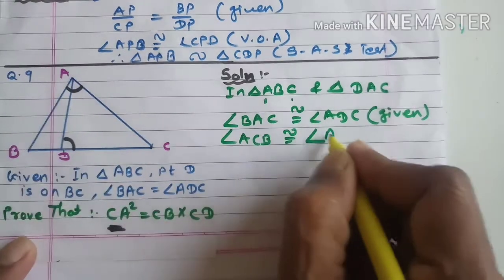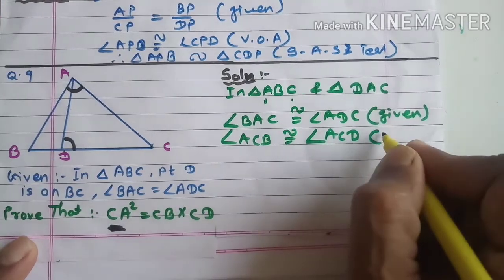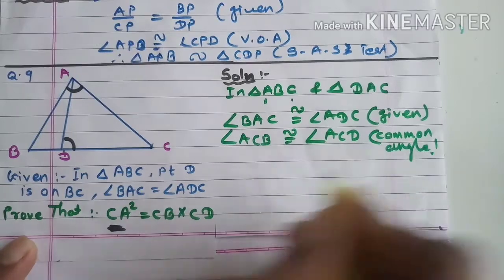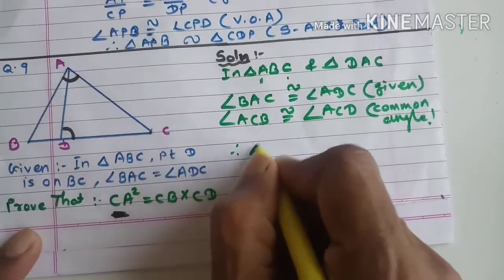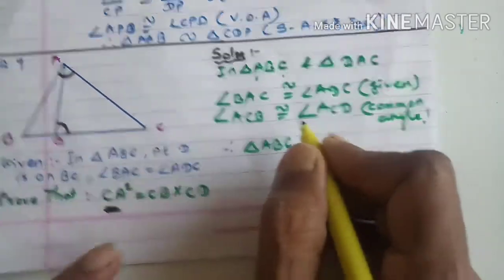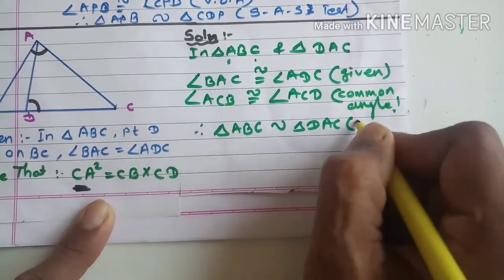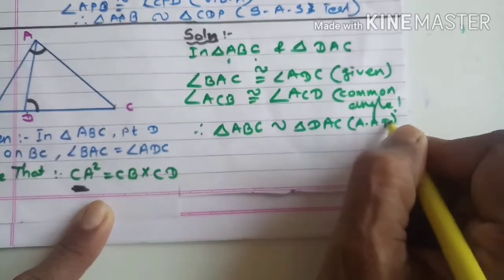So ACD is the common angle, therefore triangle ABC is similar to triangle DAC by AA test.